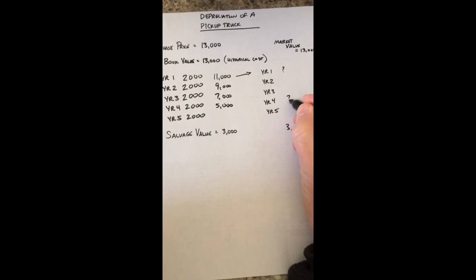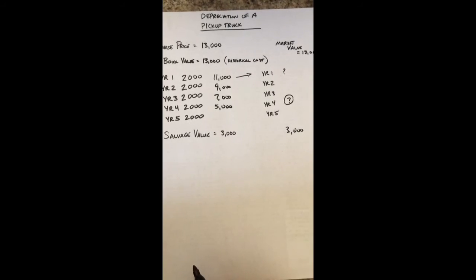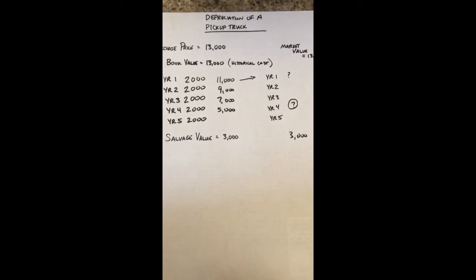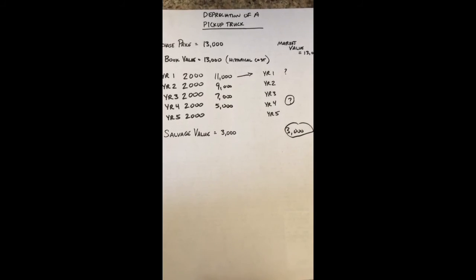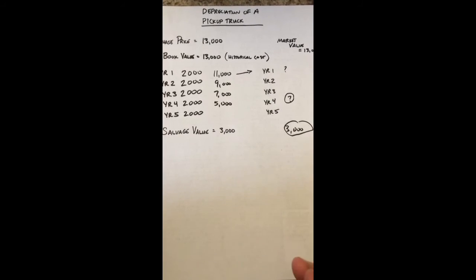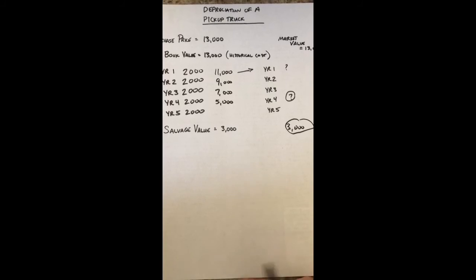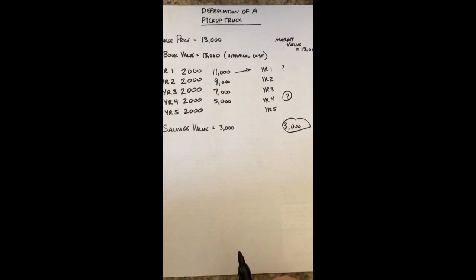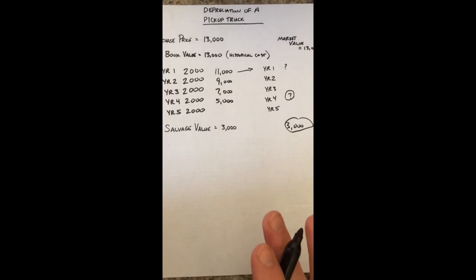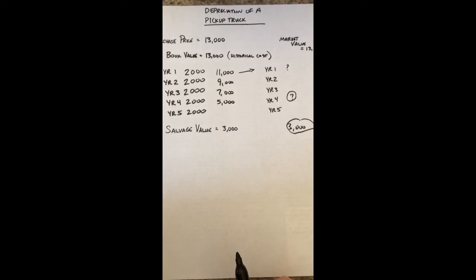Whatever we sell that at, which is what the market value is, if it's not $5,000 at that point, or here, if it's not $3,000, then we're going to make an adjustment that is going to show the difference in the price there.